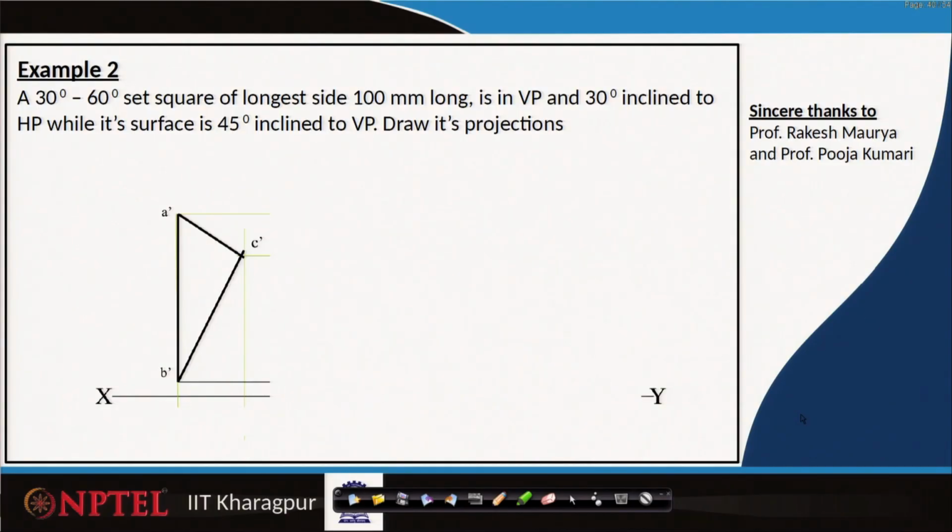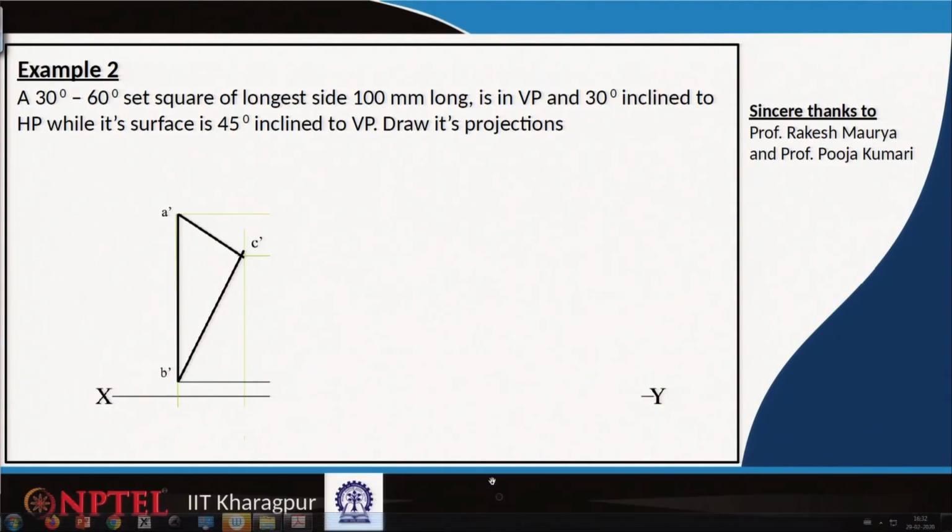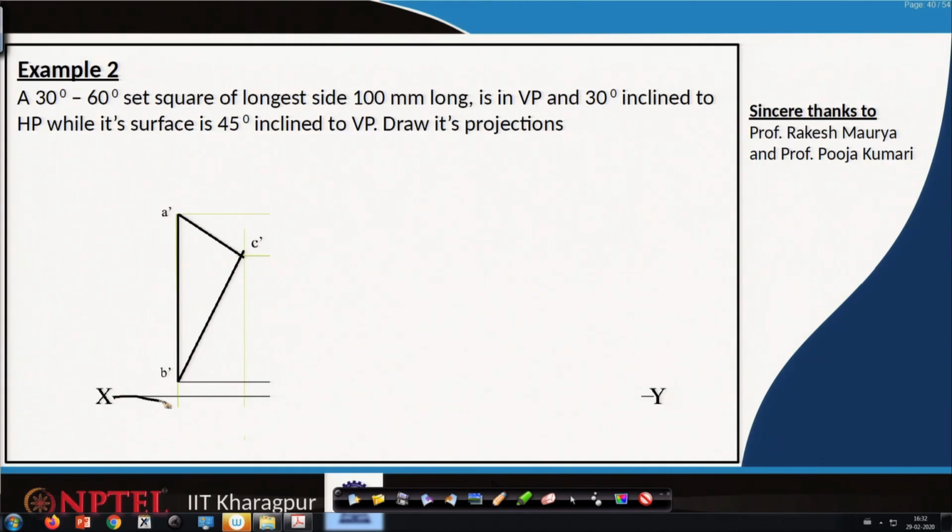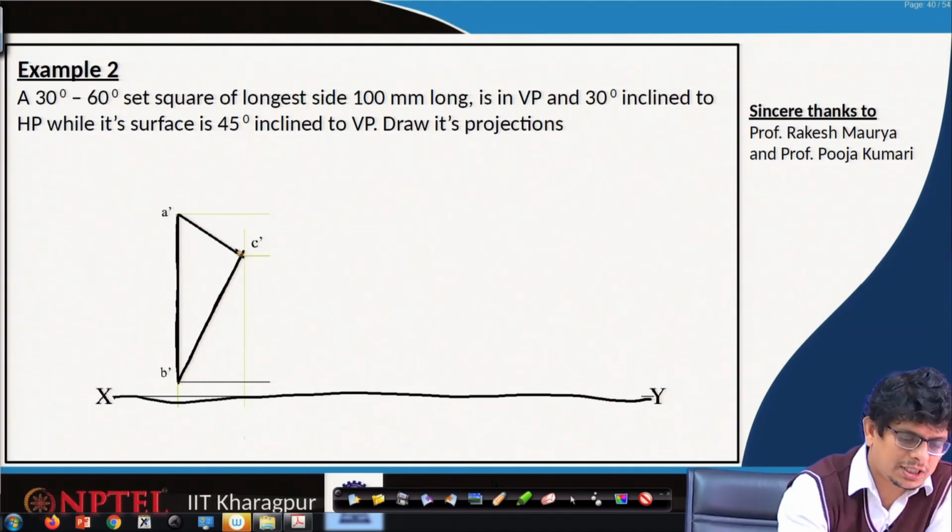So, for the purpose, what we are trying to do is draw an xy line. In the vertical plane, the entire set square, the longest one line. So, we first construct that one.